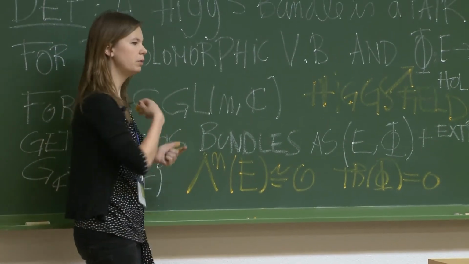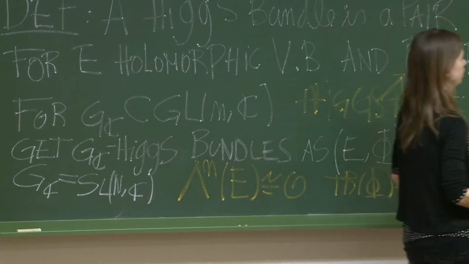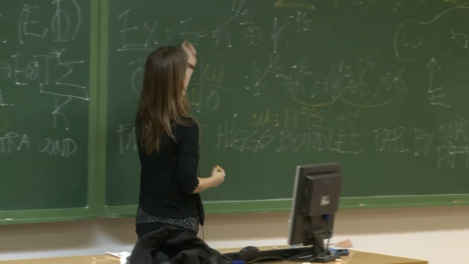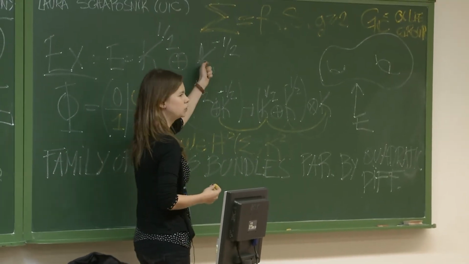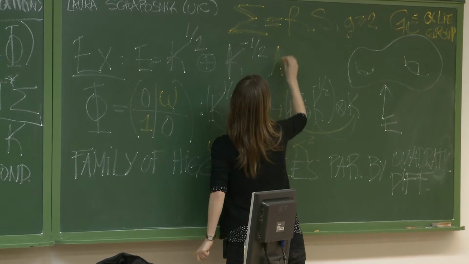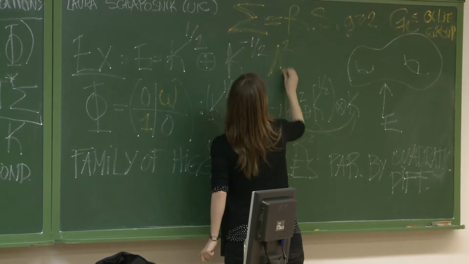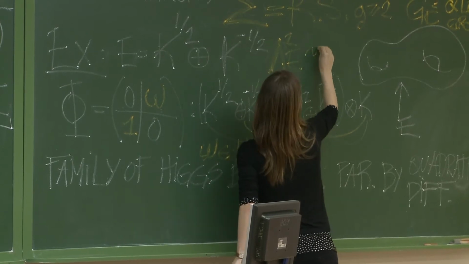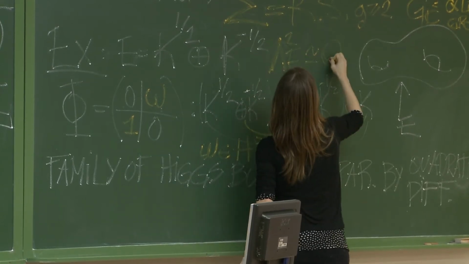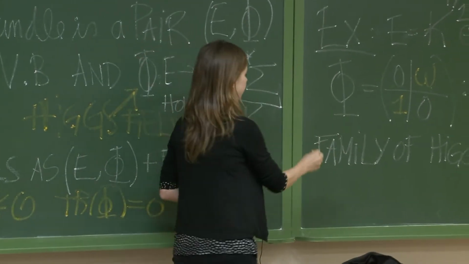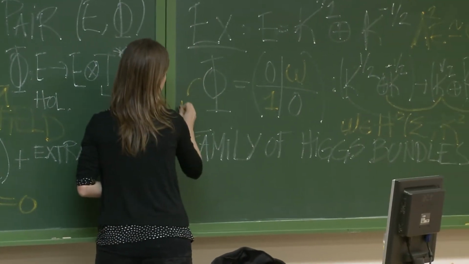And before we move on, we can take a look at our example and see if we can spot any structure here. We notice that we have a line bundle and its dual. So when we look at the top exterior power of E, this is going to be indeed trivial because it's the product of the line bundle and its dual. And the Higgs field, of course, here is traceless.